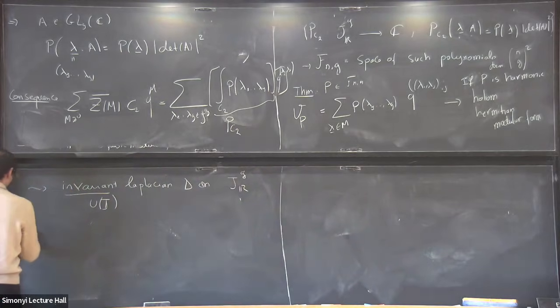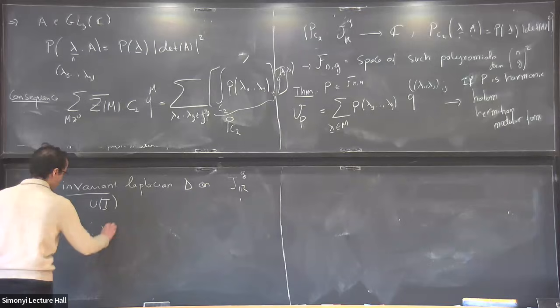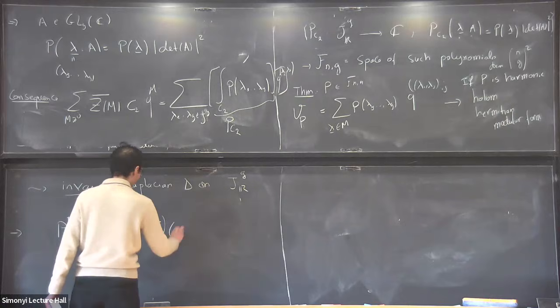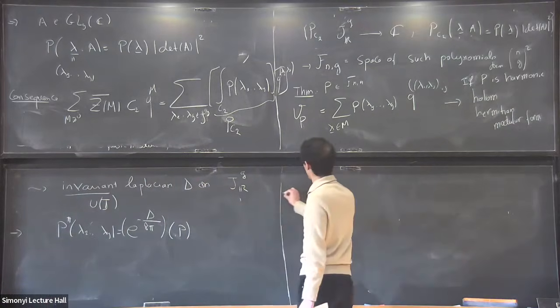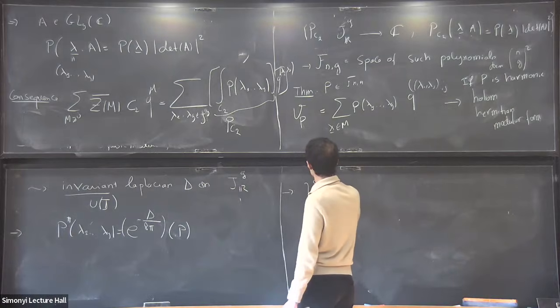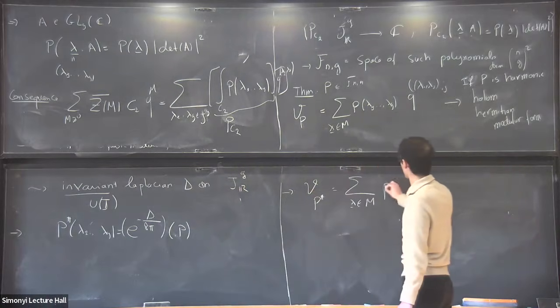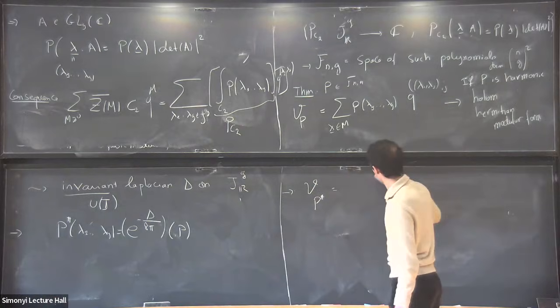And instead of taking this P, if you take P sharp of lambda 1, ..., lambda g, and you apply exponential of minus Laplacian divided by 8 pi to P, if you construct this new polynomial, then the generating series of this new polynomial, P sharp, transforms like... I'm missing something.